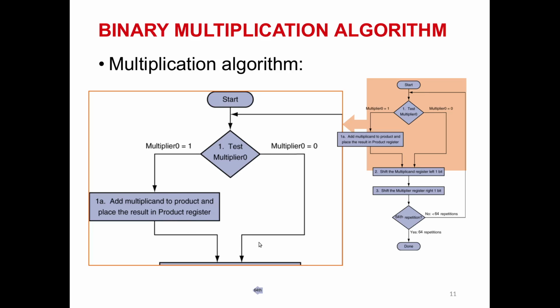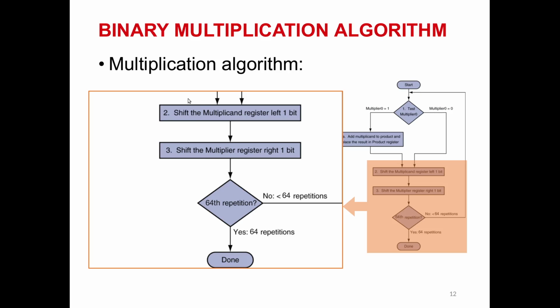So we don't need to do any addition here, but we will go straight to shift the multiplicand register to the left and shift multiplier register to the right before we check the number of repetitions to make sure that we already scan through all our bits in the multiplier. And after that, we will have the product, and we are done here.